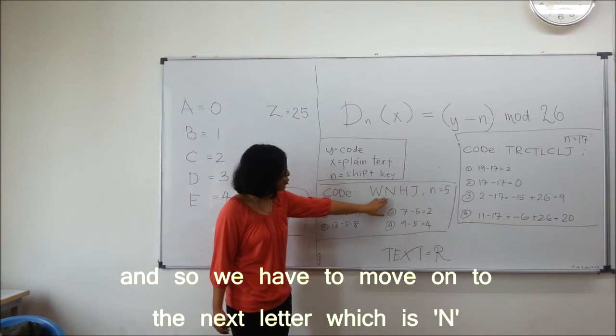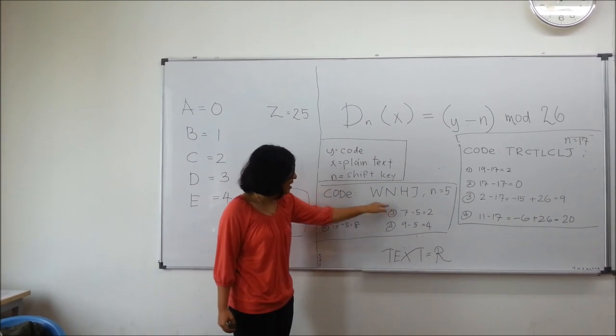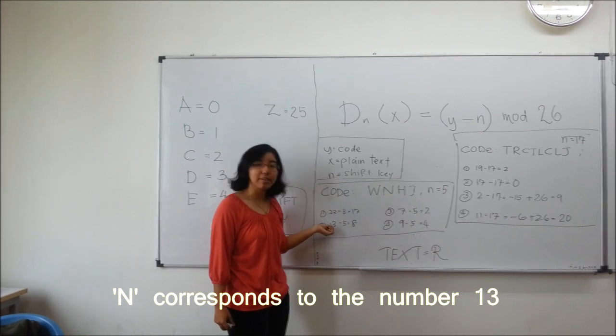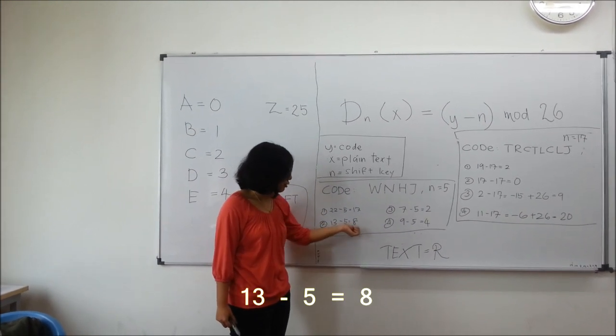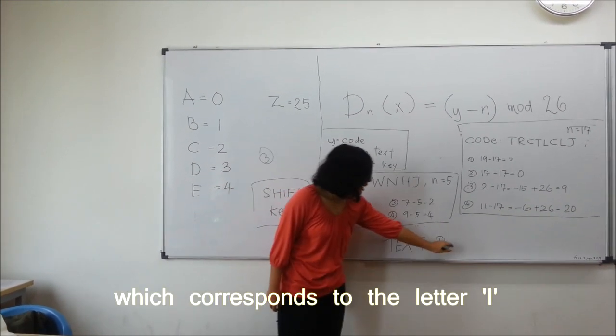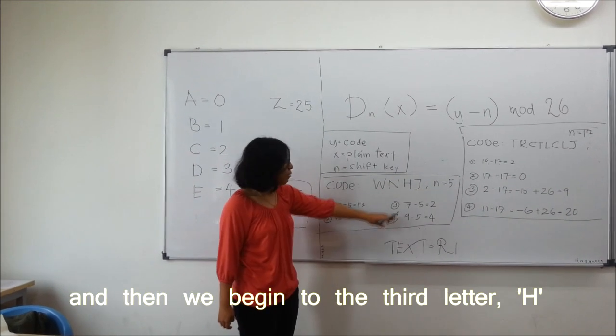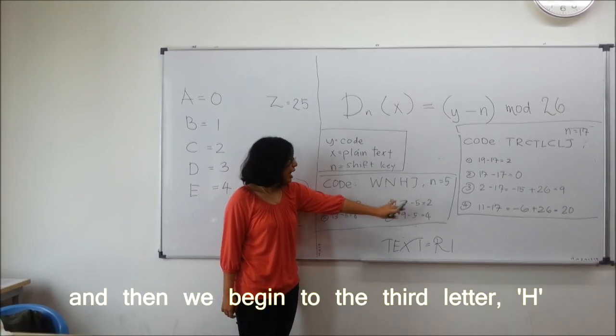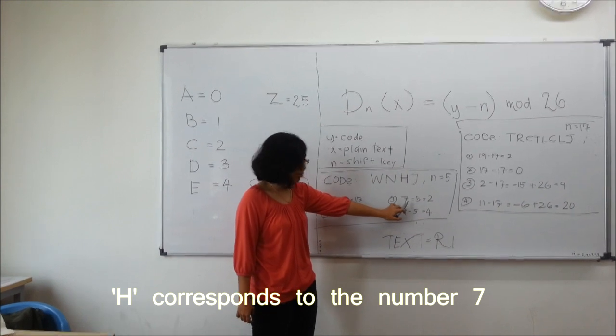And so we move on to the next letter, which is N. N corresponds with number 13. 13 minus 5 is equal to 8, which corresponds to the letter I. And then we begin with the third letter, H. H corresponds with the number 7.